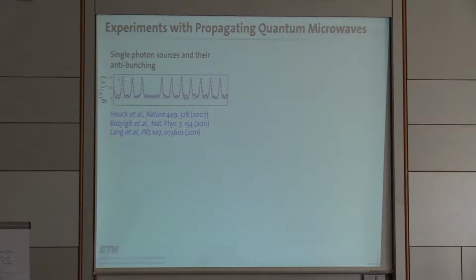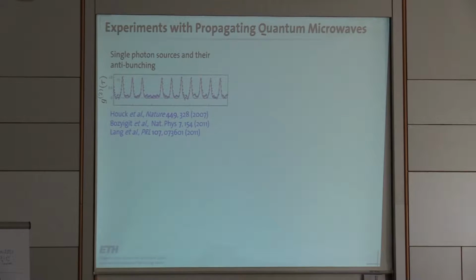So you see these peaks. The second-order correlation function is an intensity correlation function. So you ask, if you have intensity detected at some time t equal to 0 here in the center, how likely is it to detect radiation at a later time t?